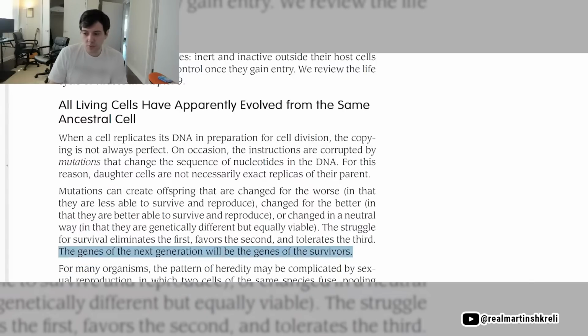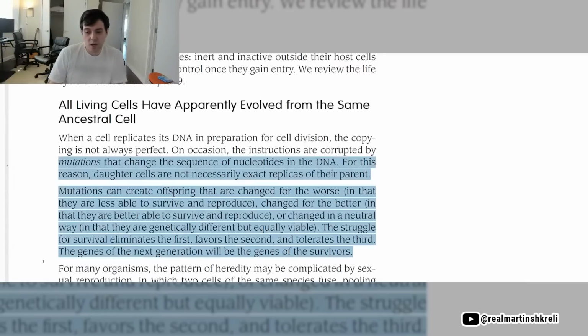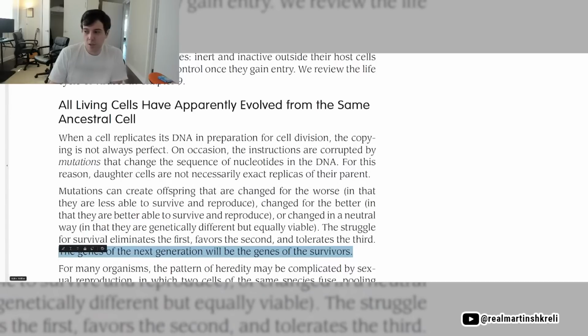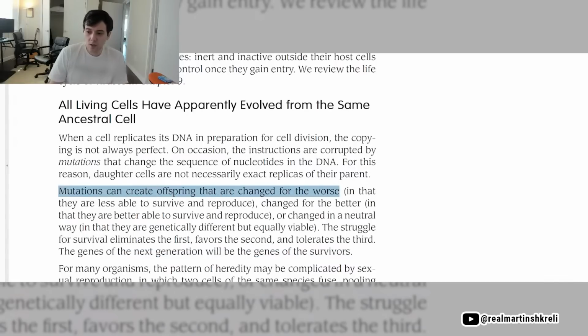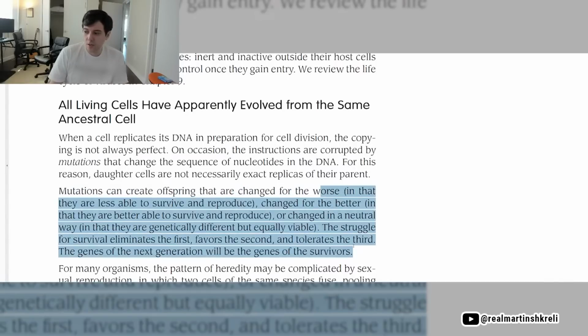So it's not a perfect one-to-one ratio. If you have a fatal disease that results in death before the age of 5, then the genes of the next generation will be the genes of the survivors and not the genes of that patient, for instance.